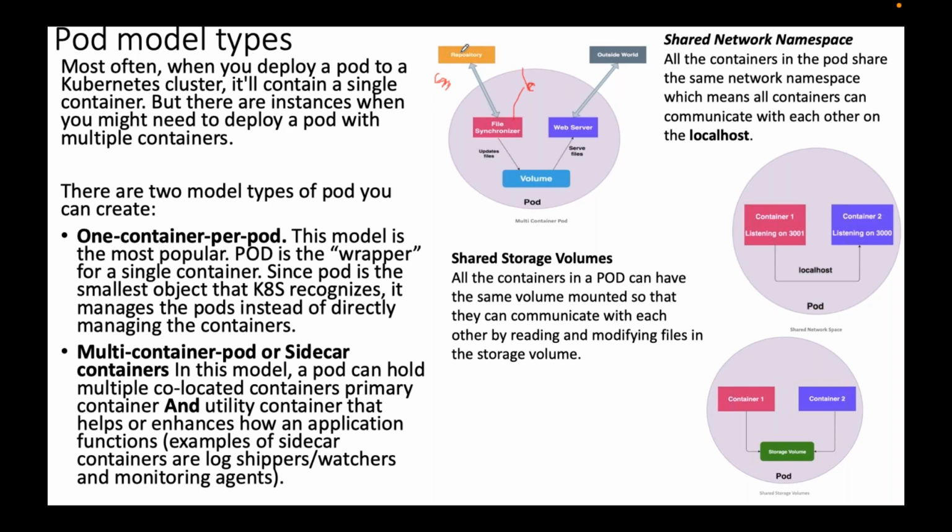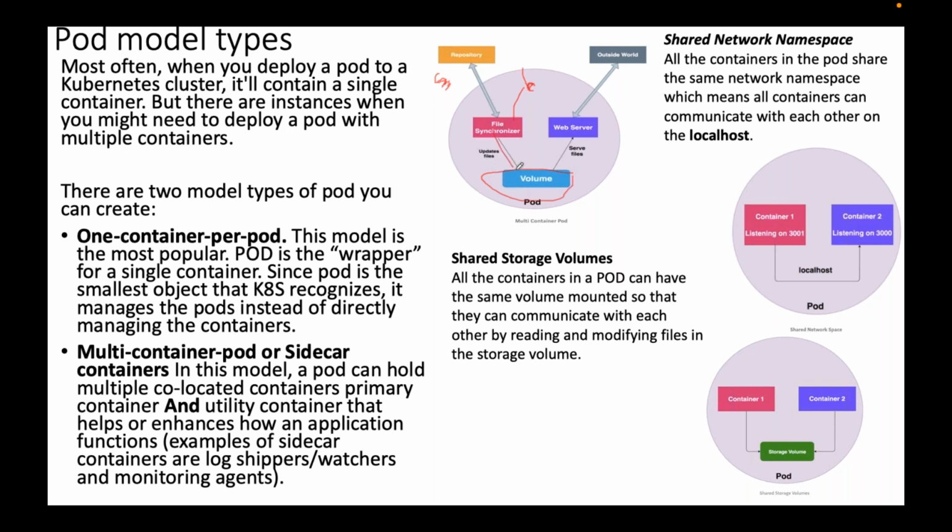It will read the data from outside and write those files into the volume, the storage attached to that pod. Then this main container, can it also access the files which are part of the storage? As I told, storage is common for the containers which are running in the same pod. Will they be able to access the storage?